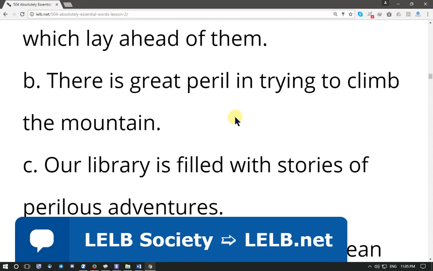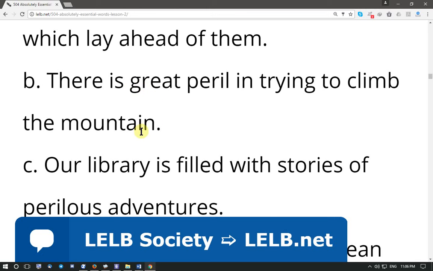There is great peril in trying to climb the mountain. It is not a piece of cake, so climbing the mountain, particularly let's say mountains of great altitude, is a risky task.